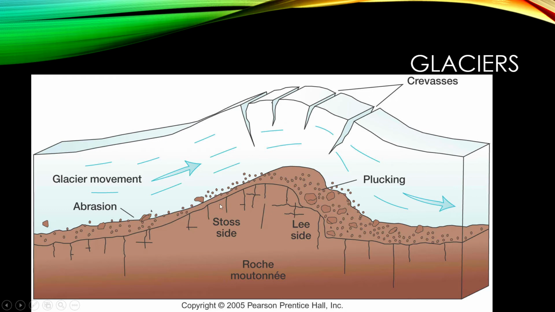The fractured portion of the bedrock is the weakest portion. So the plucking phenomenon is due to the downward movement of the glacier, which picks it up and then carries it to the glacial side. And then we have the abrasion, where the previously collected rocks and also the ice are scratching the surface.